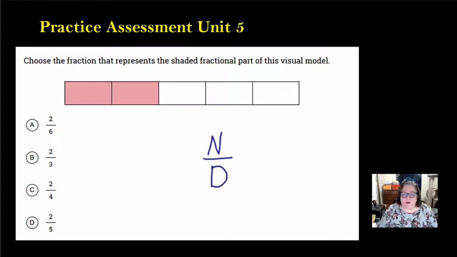The numerator, always what's on top, is how many pieces you're concerned about. Generally in our math problems, it's usually how many pieces are shaded. How many shaded? That's the key term, because that's how many you're talking about. The denominator is how many pieces all together, all the parts.